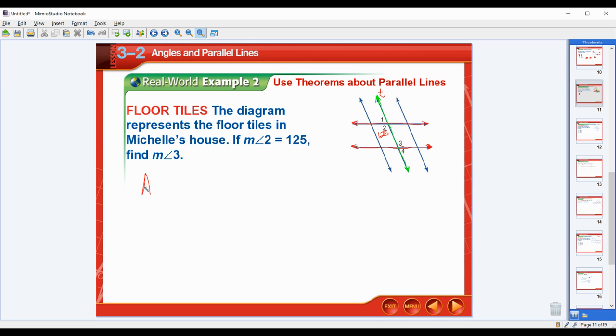So these are going to be alternate interior angles. And again, let's ask ourselves, what do we know about alternate interior angles? Well, we know that they are congruent. So if the measure of angle 2 is equal to 125, that means that the measure of angle 3 must also equal 125 degrees.